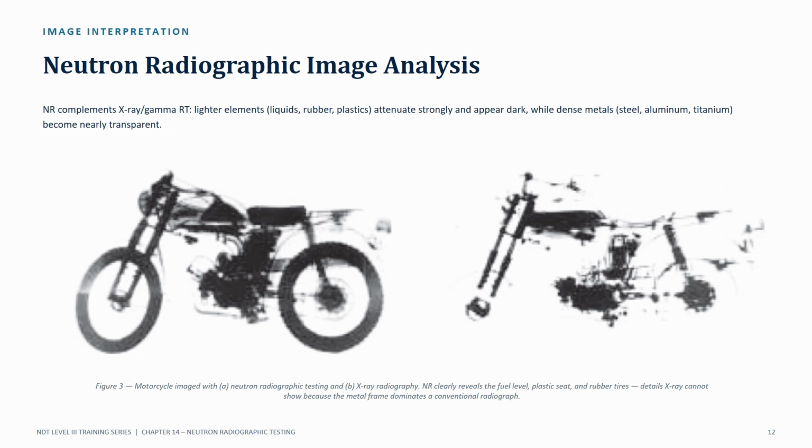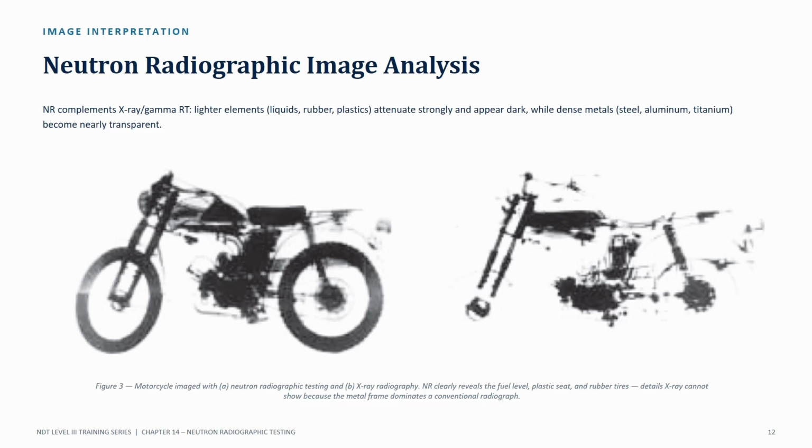However, many of the non-metallic components that were obvious in the neutron image are much less visible or may not be distinguishable at all. This comparison perfectly illustrates the fundamental difference between the two methods. Neutron radiography highlights hydrogen-rich materials. Conventional radiography highlights dense metallic structures. Neither image is more correct than the other. Each provides different information about the same component.